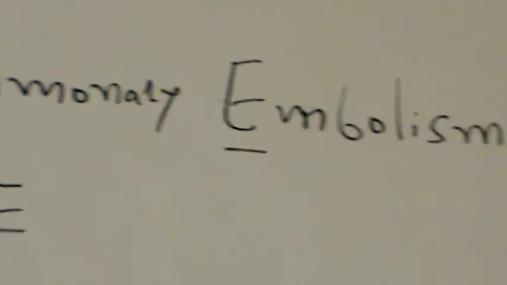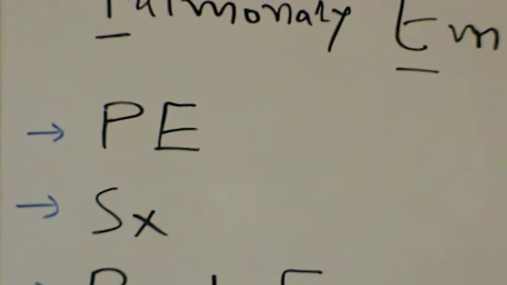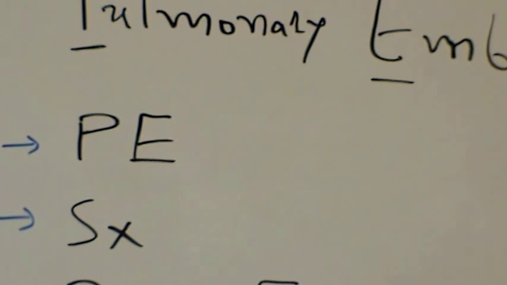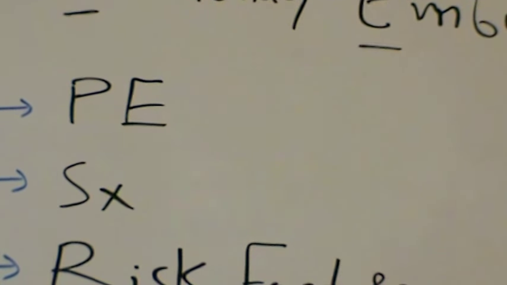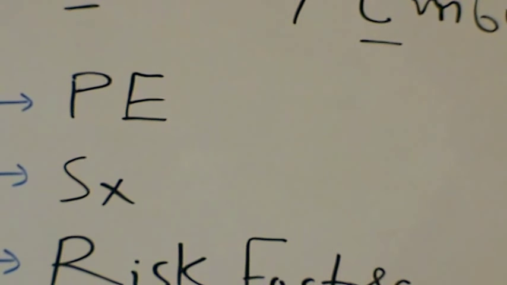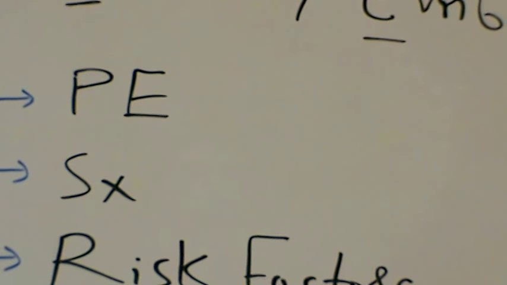PE or pulmonary embolism is a condition in which one or more arteries in the lungs become blocked by a blood clot. Pulmonary emboli usually arise from thrombi that originate in the deep venous system of the lower extremities.